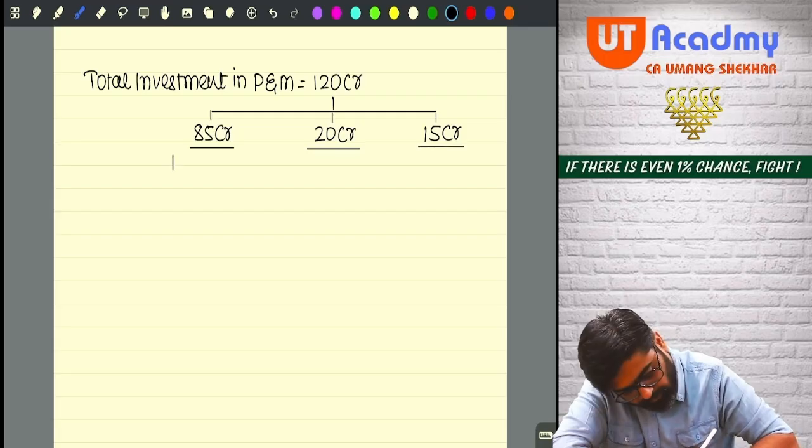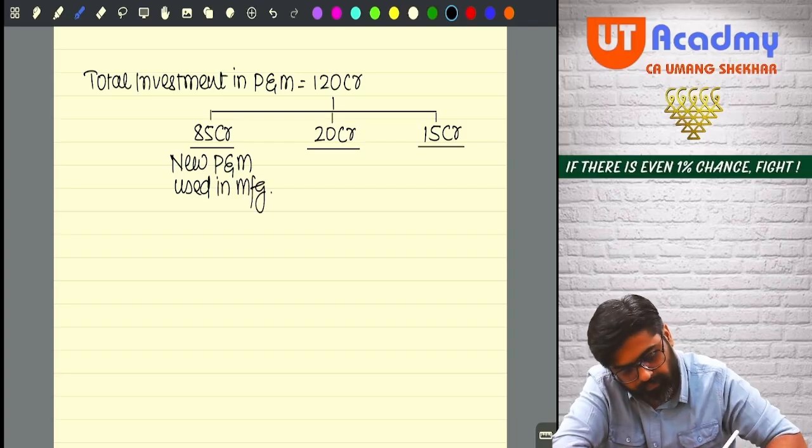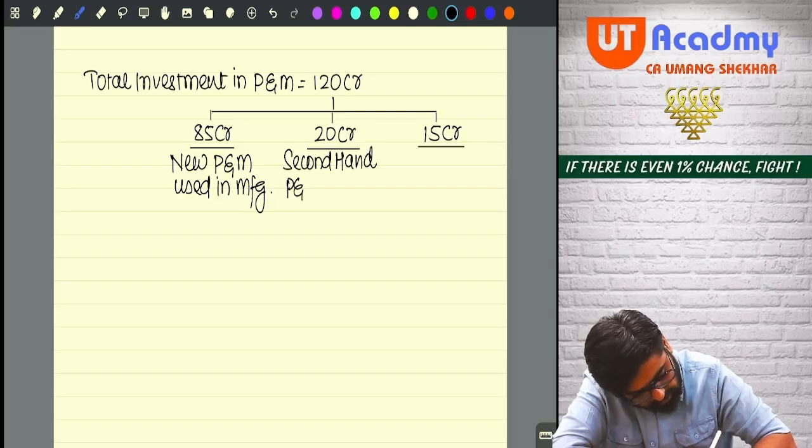This is new plant and machinery used in manufacturing. This is second hand plant and machinery which is used in manufacturing only.